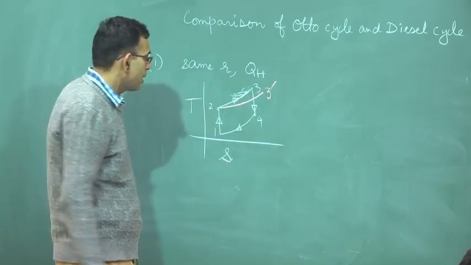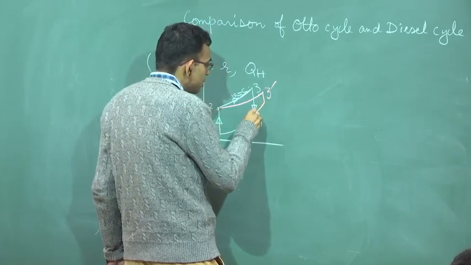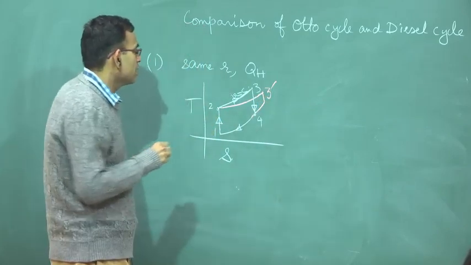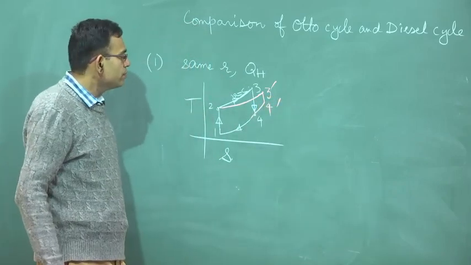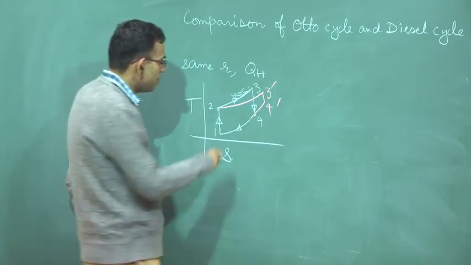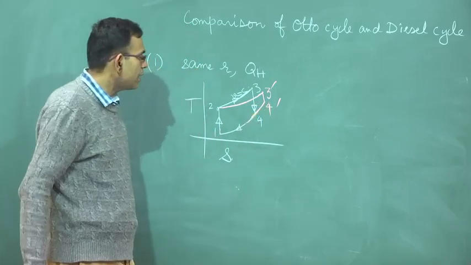to 3 prime. And then, if you reject heat with constant volume, then it is a basic continuation of 1 to 4 diagram.